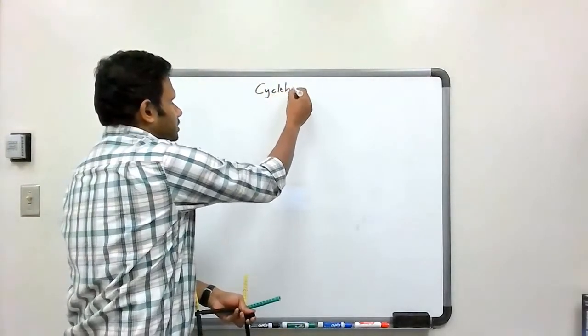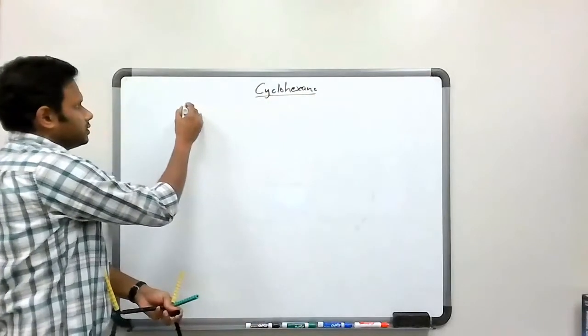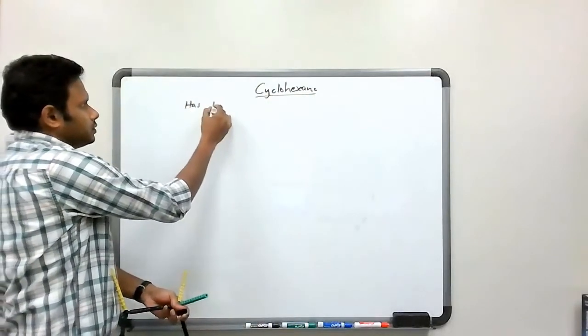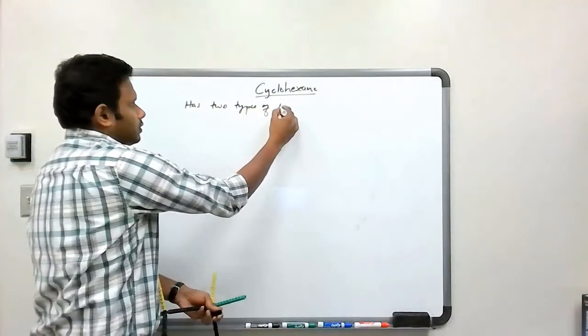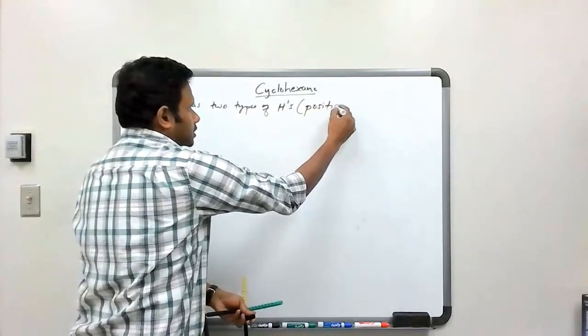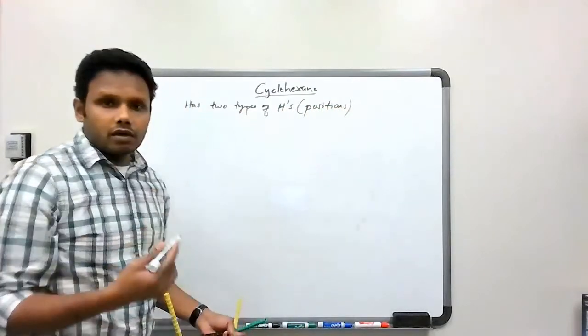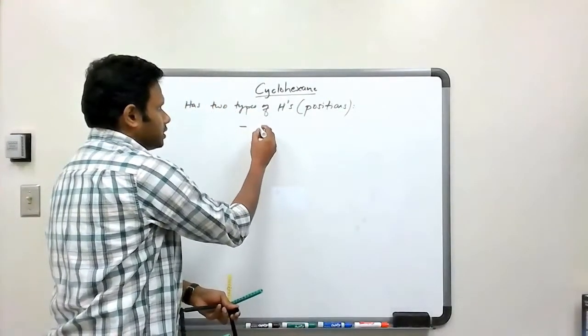So cyclohexane has two types of hydrogens, and these in general refer to positions in a cyclohexane structure.